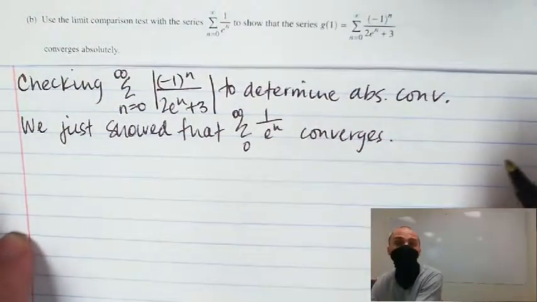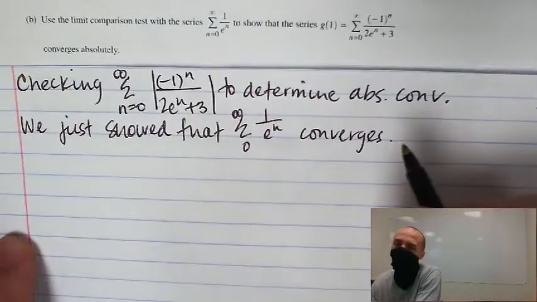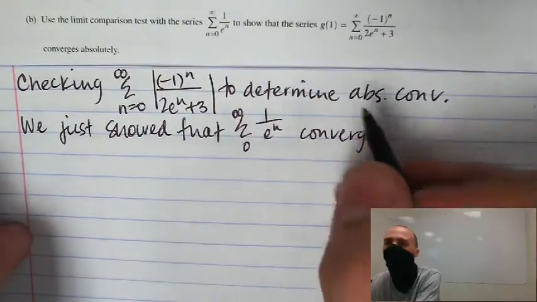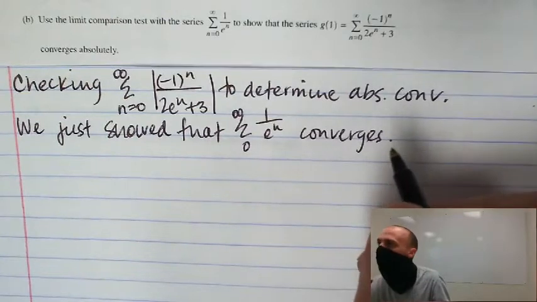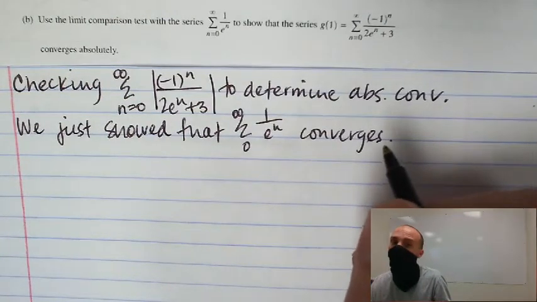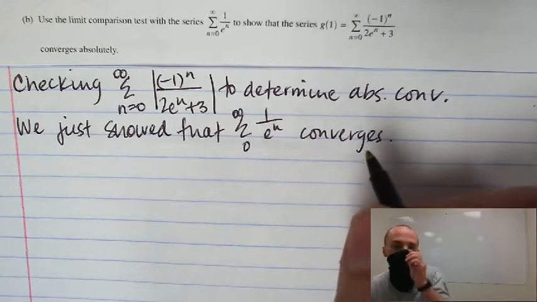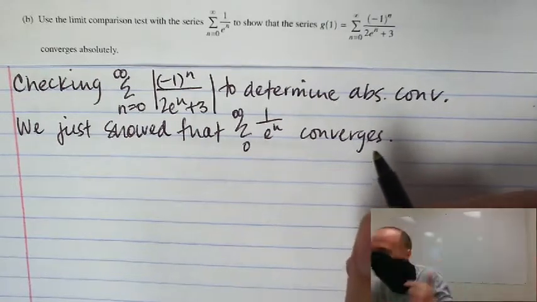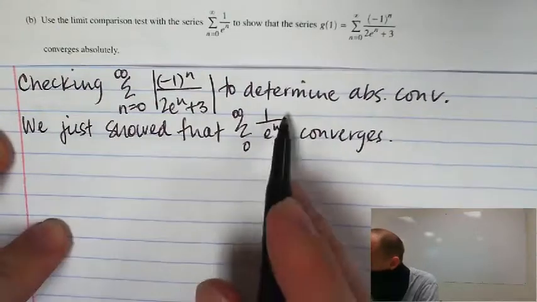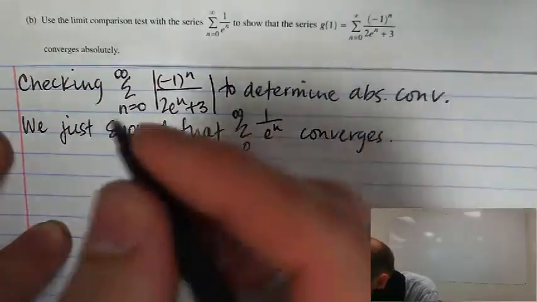Even if you were not able to do that in part A, I don't know if they're going to be looking back and making sure you import the correct answer. Oftentimes they don't. So you can just say we showed that this converges in part A, even if you weren't able to compute the integral or remember the conditions.